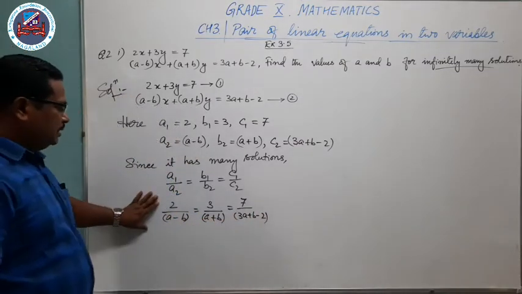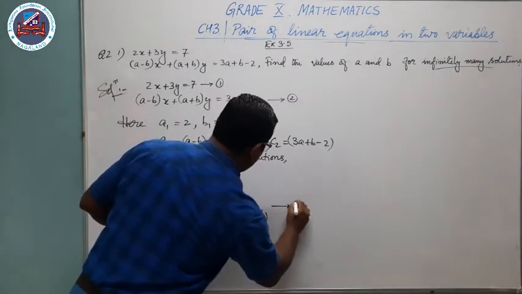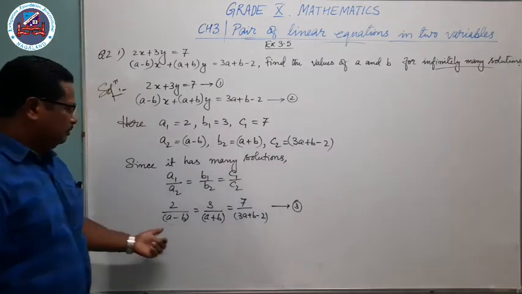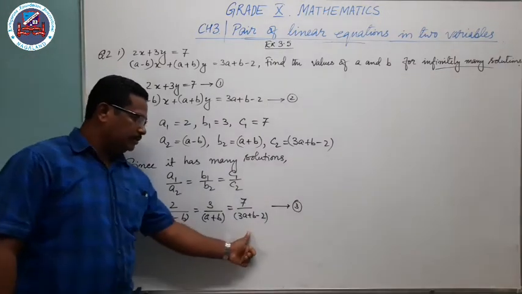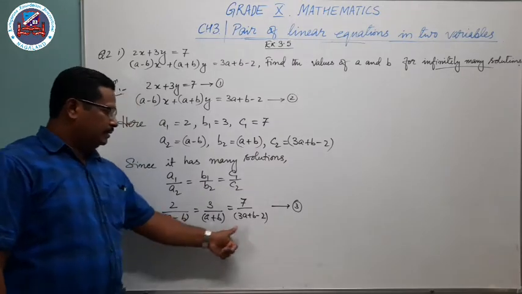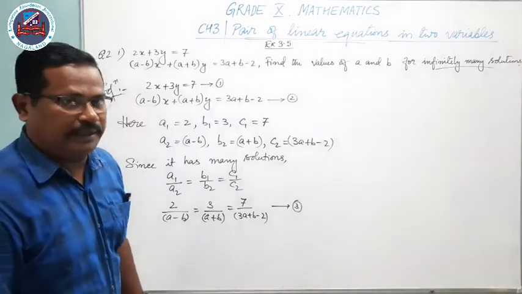Let us mark this equation number 3. The first and second terms are equal, the first and third terms are also equal, and the second and third terms are also equal. So two at a time you will have to take.